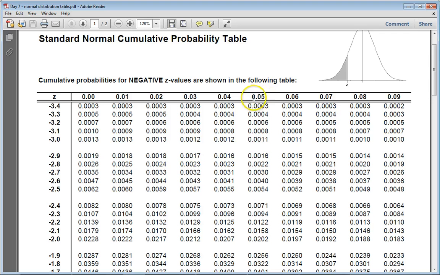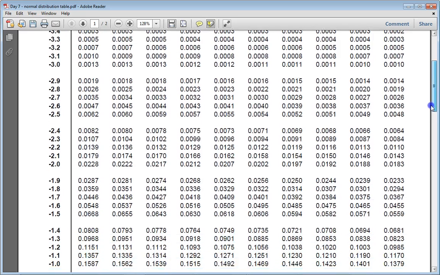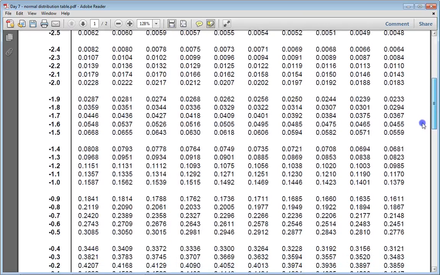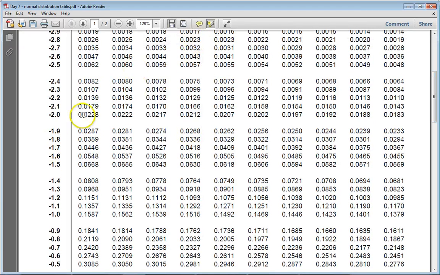When I get to the 5, that's what tells me I'm going to be in this column over here. But for right now, let's do the negative 1.7. I'm scrolling down. I'm looking for negative 1.7. Okay, and here it is right here. There we go. Negative 1.7. That's the part that I wanted.